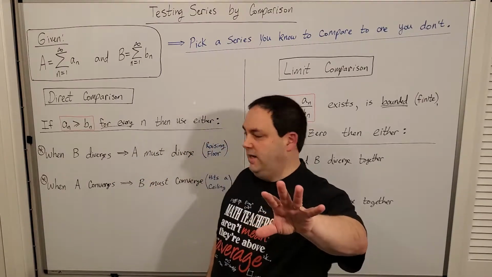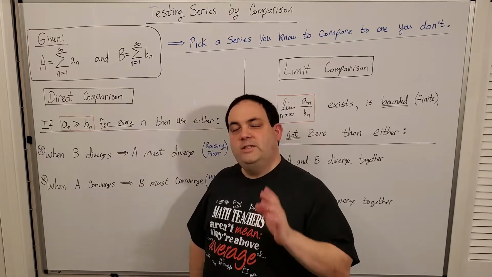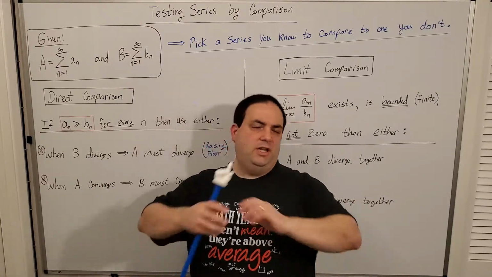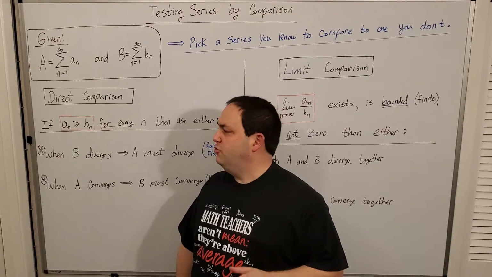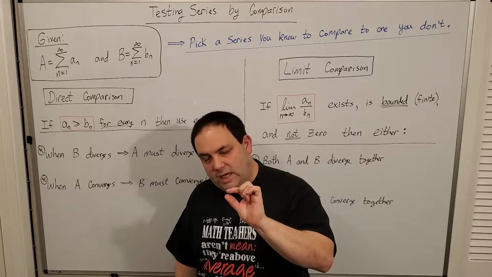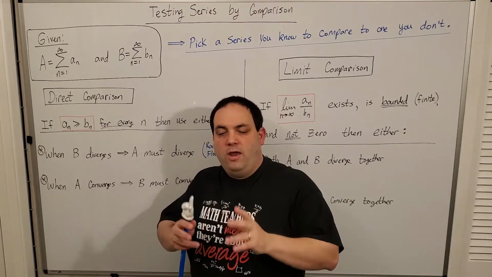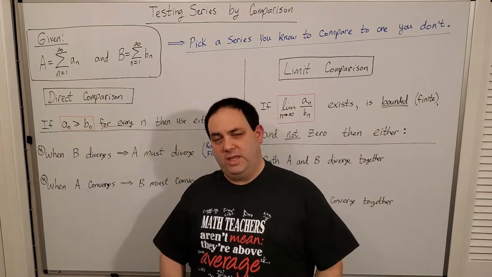Now pause for a second. Right here it says for every n. I don't mean that if it's not 0 to infinity or 1 to infinity, it completely fails. I'm using really strong language here, for every n. We can actually weaken it a little bit and still be okay by saying for every n after some point. And remember, we did the same thing with the integral test.